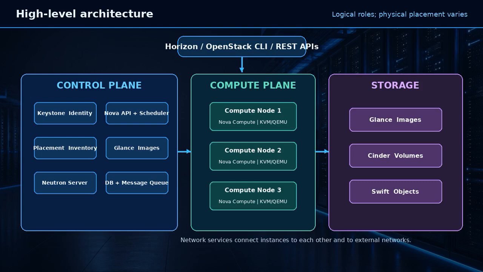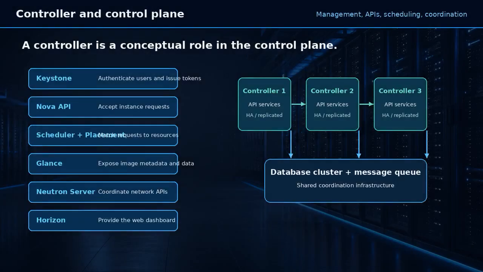Storage services provide images, volumes, and objects. The network plane connects instances to one another and to external networks. These roles are logical, not a rule that every deployment must have exactly one physical node of each type. In a production environment, the roles are often distributed and replicated for scale and high availability.